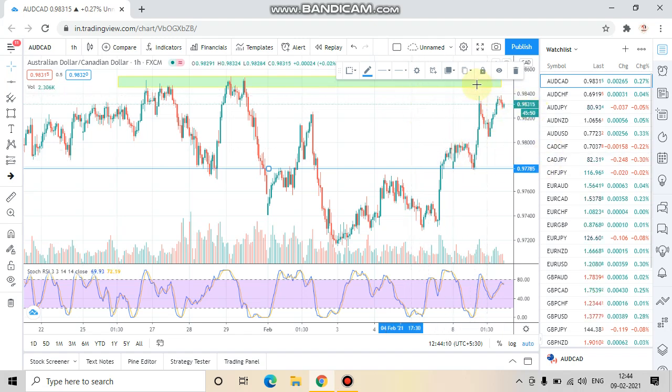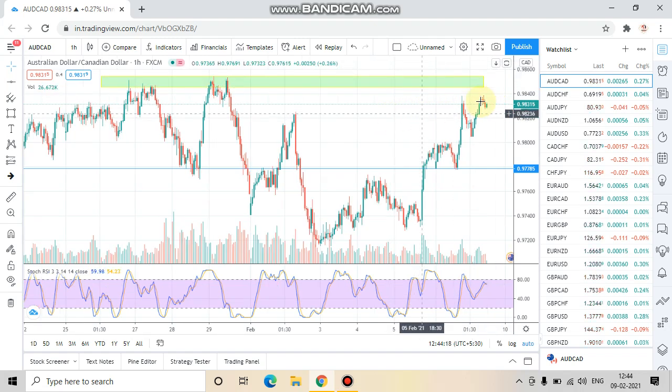Otherwise, if it goes to this zone and doesn't show any good reversal sign, then just be patient. And if it goes to this level and shows some reversal sign, and stochastic RSI also gives us an indication by staying on the overbought level, I mean above this line, then you can short the market.